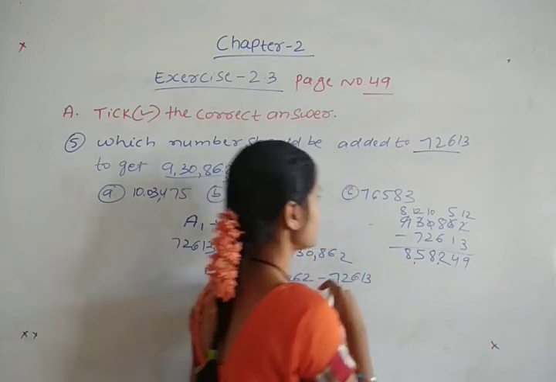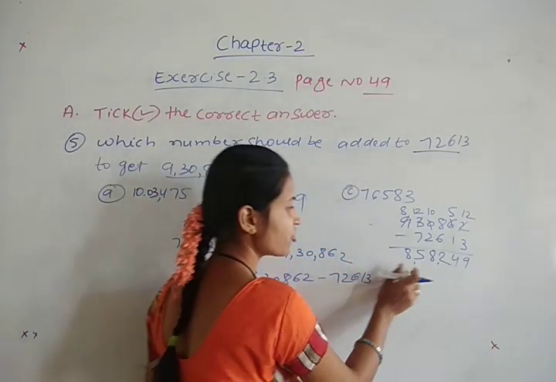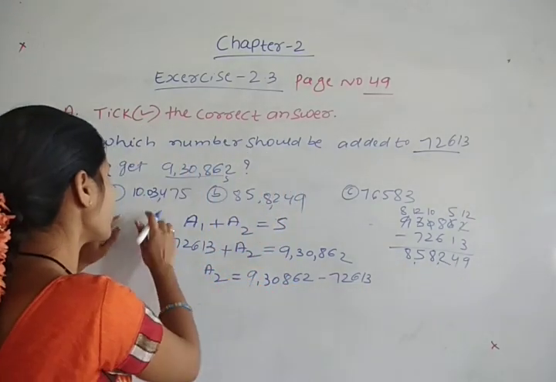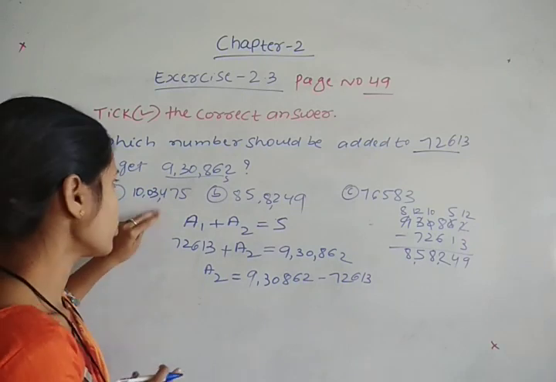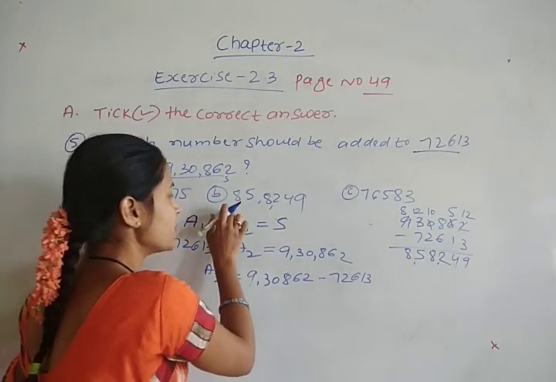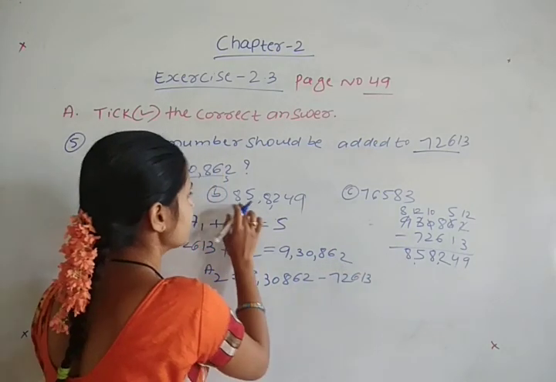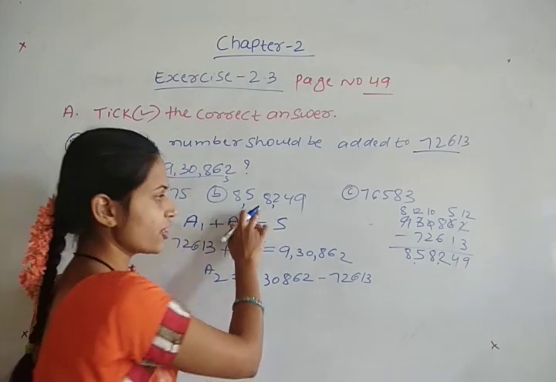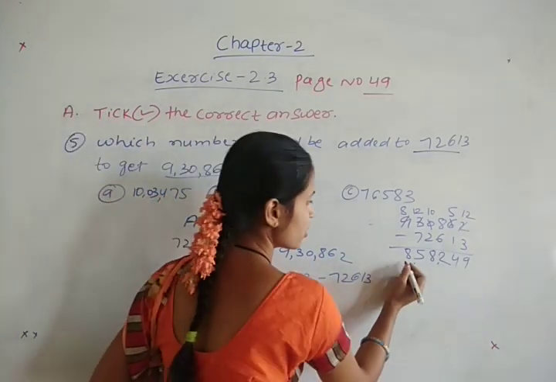Now check whether in any option we have this 8,58,249. In the first option we have 10,03,475, so leave it. In option B we have 8,58,249, which matches the answer we have got.